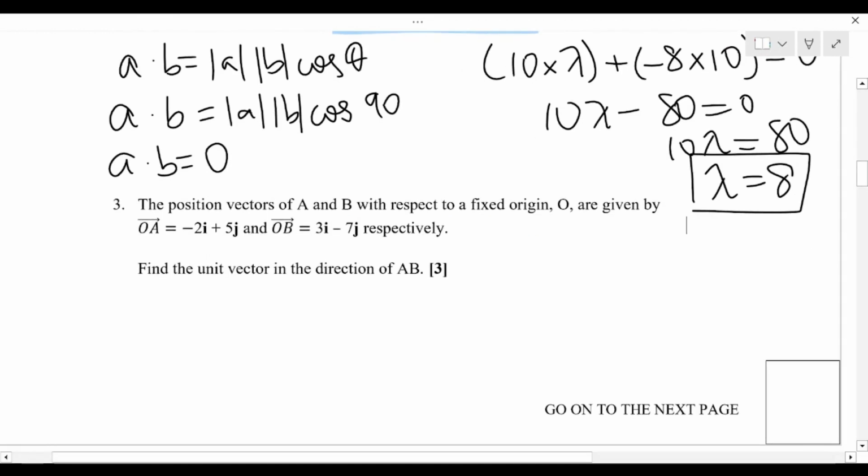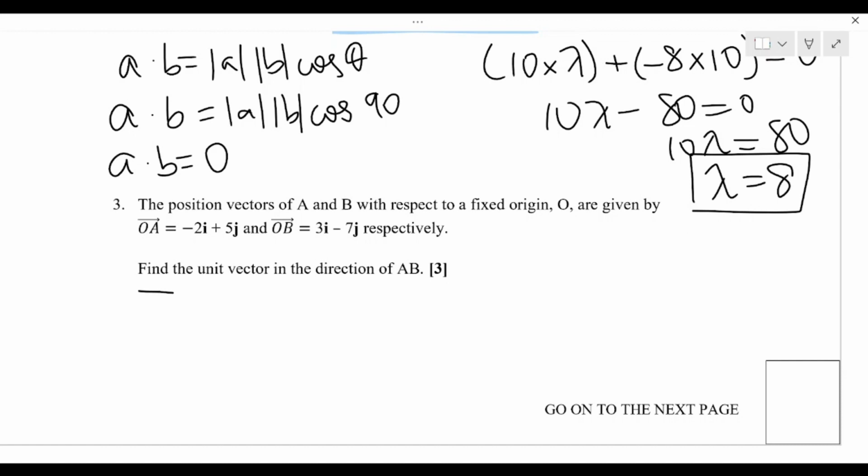The position vectors of A and B with respect to a fixed origin O are given by vector OA is equal to negative 2i plus 5j, and vector OB is equal to 3i minus 7j respectively. Find the unit vector in the direction of AB.